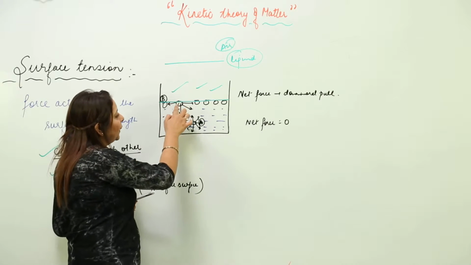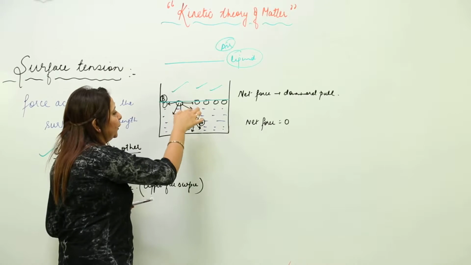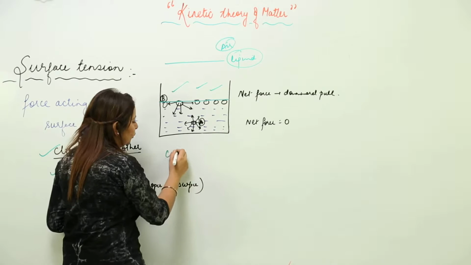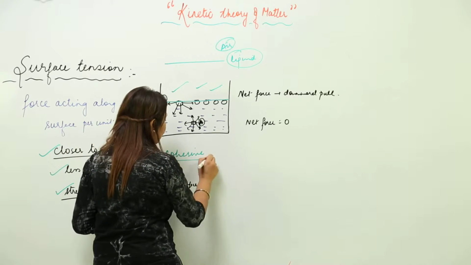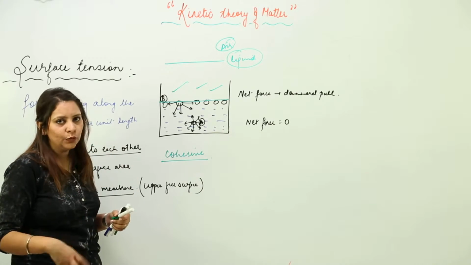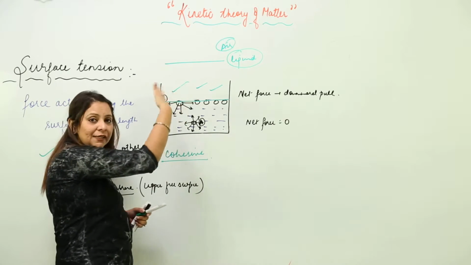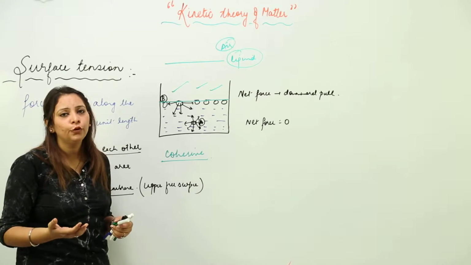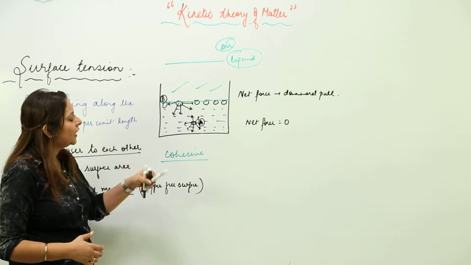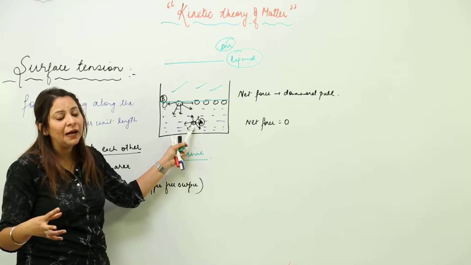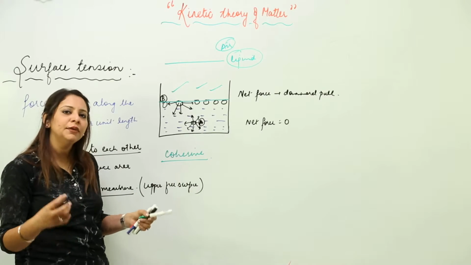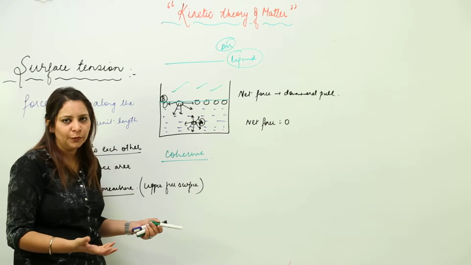The molecule present here is being attracted by cohesive forces, but the forces act only from the downward side, as there is no molecule present above, so there is no upward force which can balance the downward force. In contrast, the molecule present in the bulk is being attracted from all sides, so the net force is 0 and it remains as it was earlier.